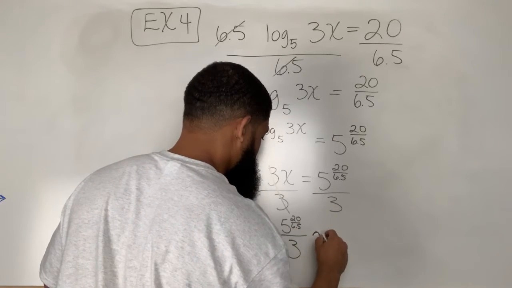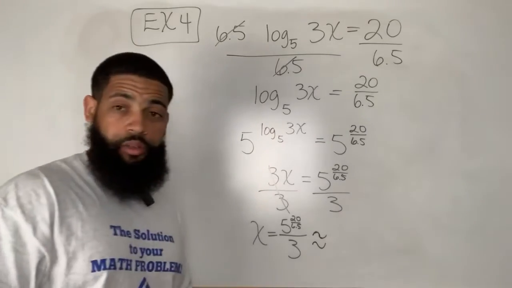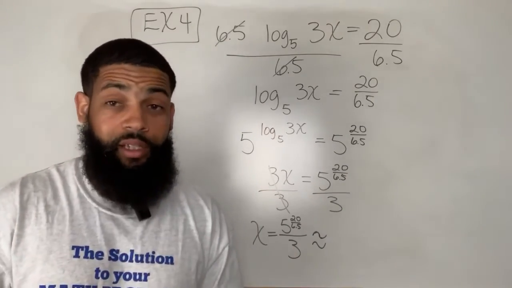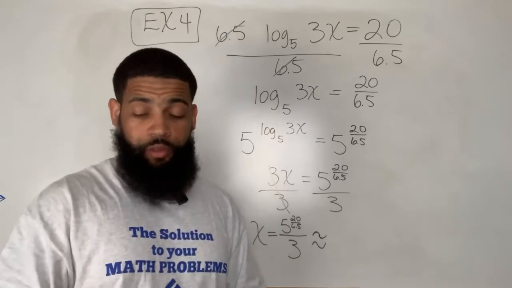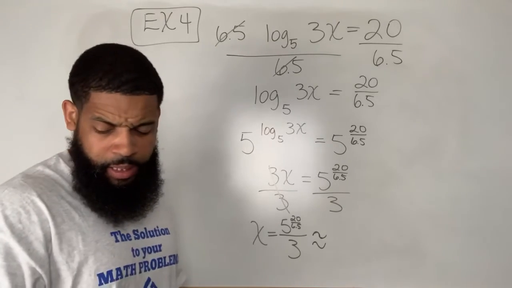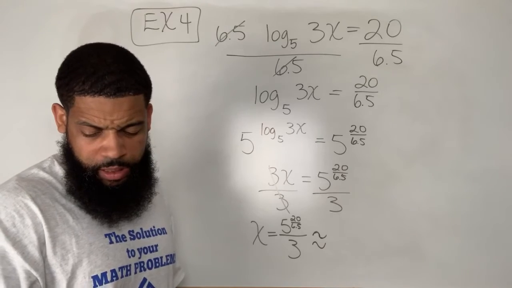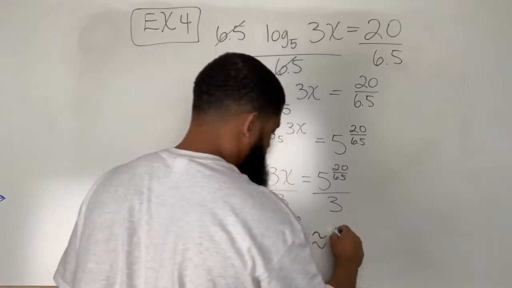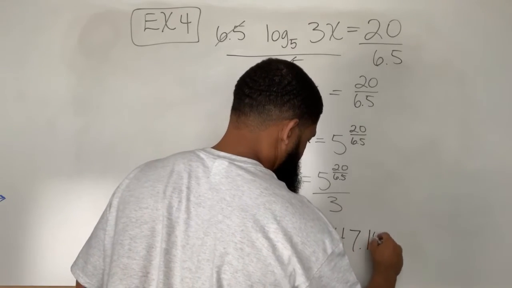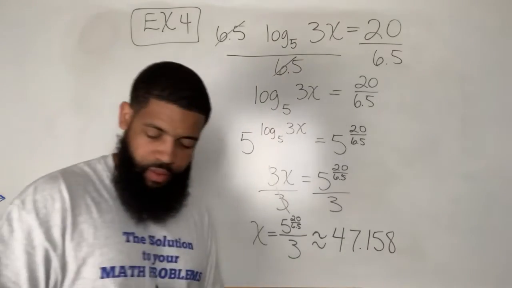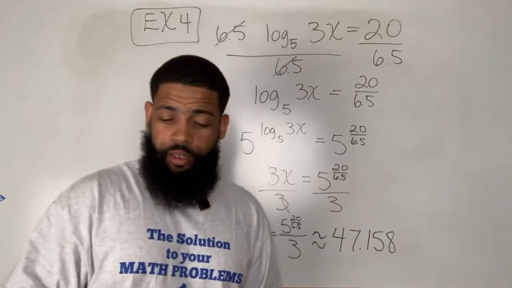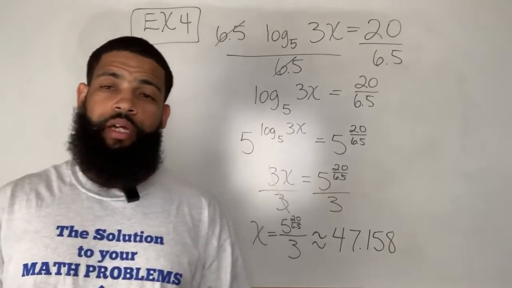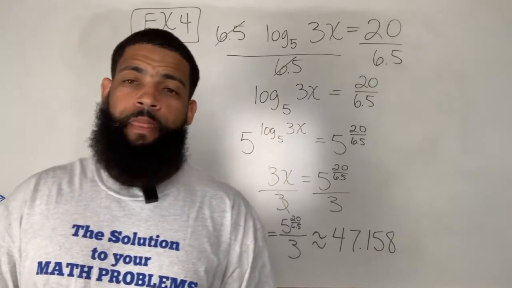This one is going to be an approximation. I left it like that for calculator purposes. Remember, we're going to use the calculator for these values. That's going to give me 47.158.